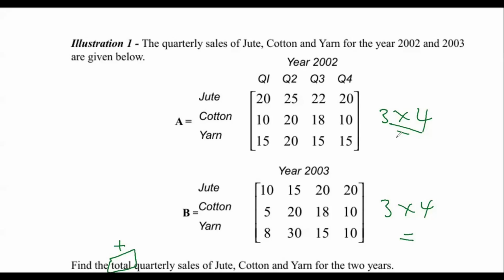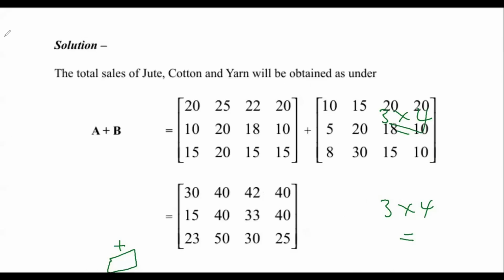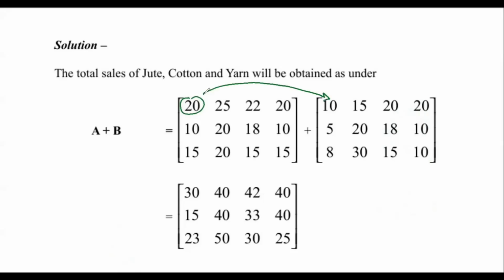So here I'm doing the addition. Add the two, and remember how we do addition? You just add corresponding elements. You add the 20 to the 10, you get 40. You add 25 to the 15.